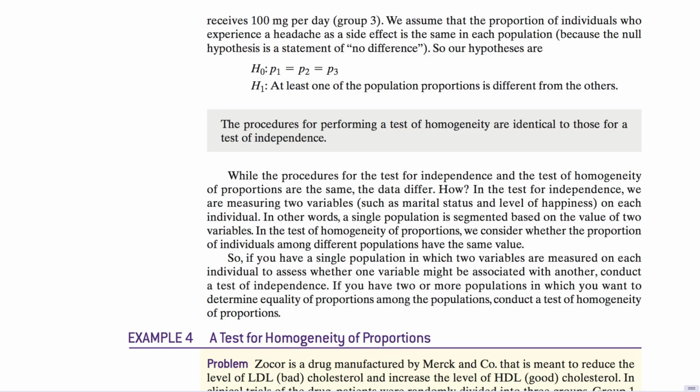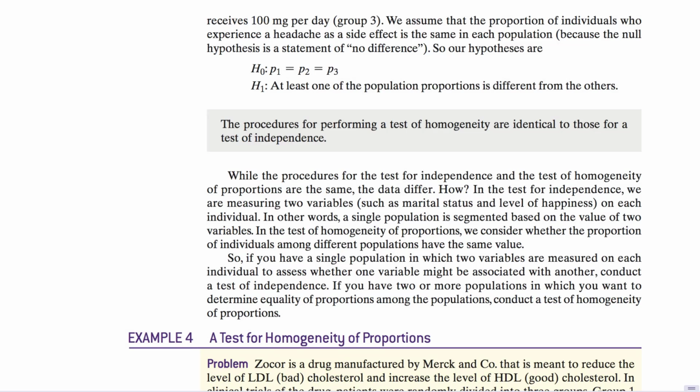Now remember, when you run this particular test for homogeneity of proportions, the null hypothesis, which is always a claim of equality, is that the proportions are equal. And the alternative hypothesis is that at least one of the proportions is different. We don't specify which one.